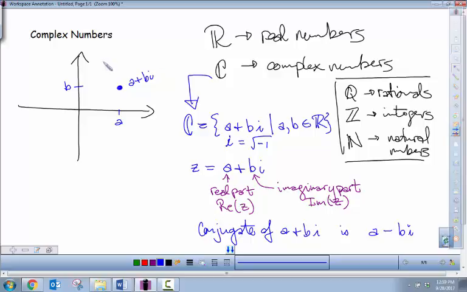So we can think about this as a complex plane where the x-axis would be the real part and the y-axis would be the imaginary part. Yes, Im is the abbreviation for imaginary. Re is for real.